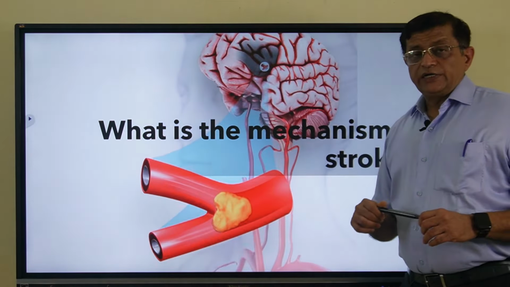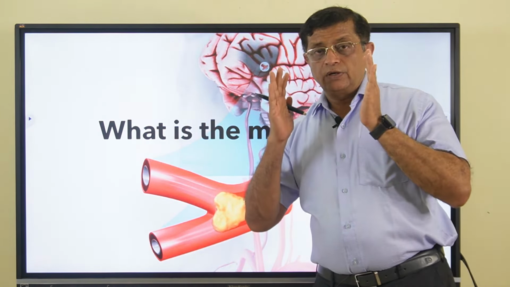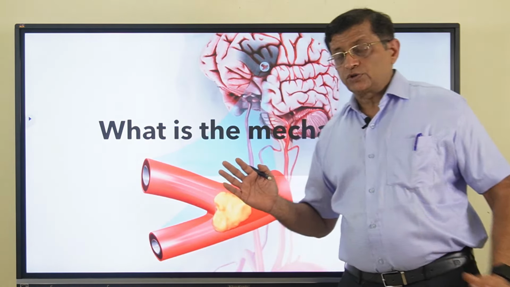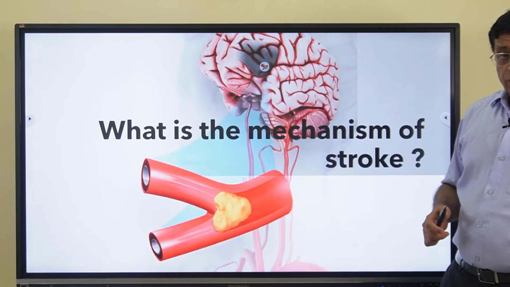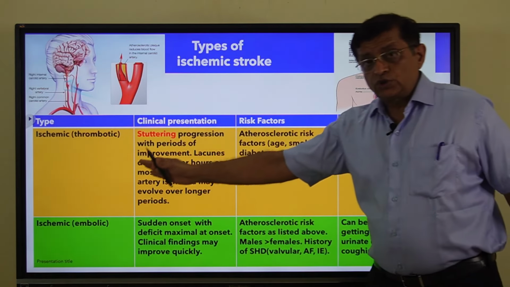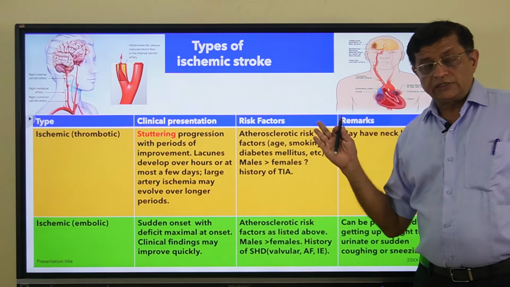After you have delineated the stroke and you have made an image in the mind, whether it is anterior circulation stroke or posterior circulation stroke, think about the mechanism of stroke. Do you think it is thrombosis or embolic? We have seen this slide in our last lecture.